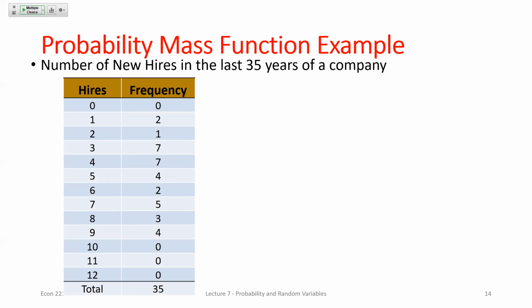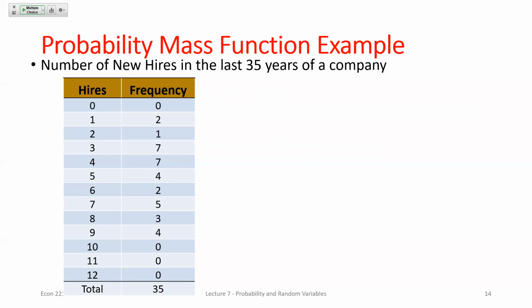There was one year where they had 2 new hires. It looks like the most common number of hires every year is 3 or 4. There were 7 years where they hired 3 people, 7 years where they hired 4 people, and they've never hired double digits. So we've got all these different possible outcomes for this x value.